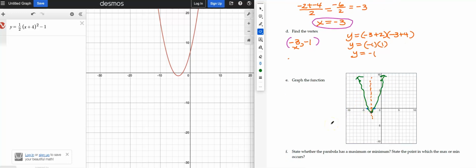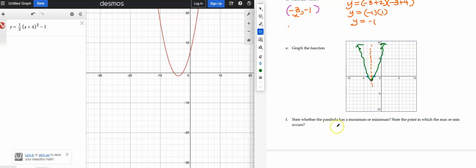Okay. And then the last thing that you're going to need to do is tell whether the parabola has a maximum or a minimum. So on this one, what do you think? Is there going to be a maximum or a minimum? So if we're thinking, do we have a highest point or do we have a lowest point? Lowest.